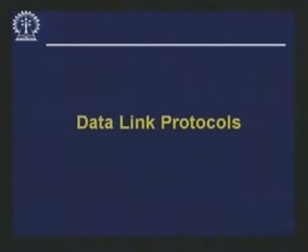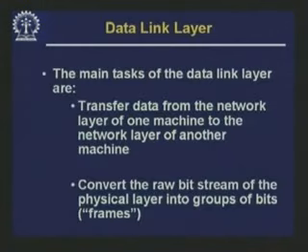So, our main topic is data link protocols, which are the protocols which are used in the data link layer. Now, what are the main tasks of data link layer? It transfers data from the network layer of one machine to the network layer of another machine. So, actually this is the part of the service it gives to the upper layer. You remember that above the data link layer we have the network layer, alright.